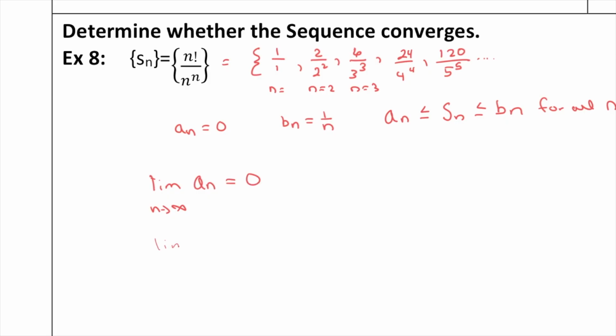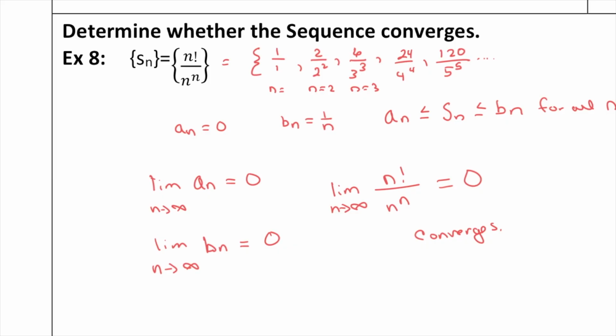If we find the limit as n goes to infinity for b sub n, that is also 0. And from the squeezing theorem, that tells us that the limit as n goes to infinity for our n factorial over n to the n must also be equal to 0. So this one does converge, and the sequence converges to the value of 0.